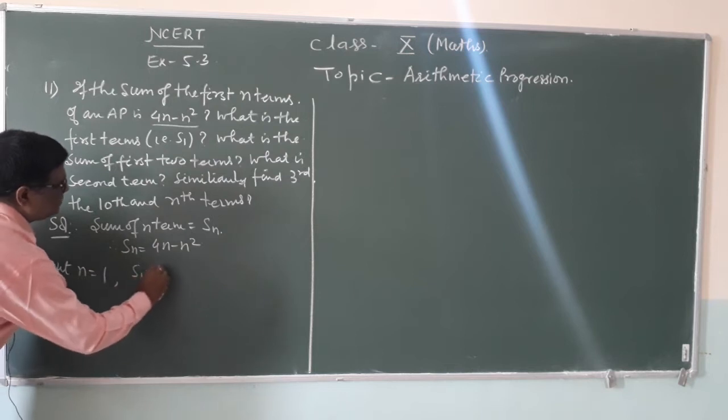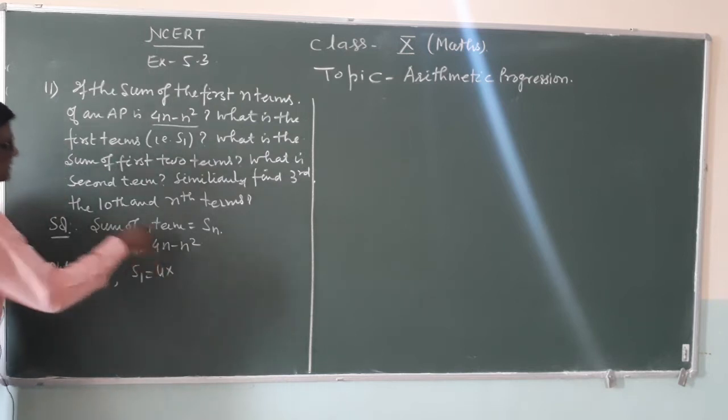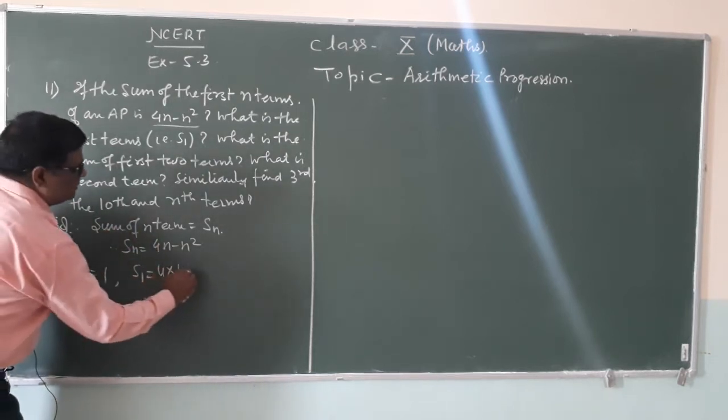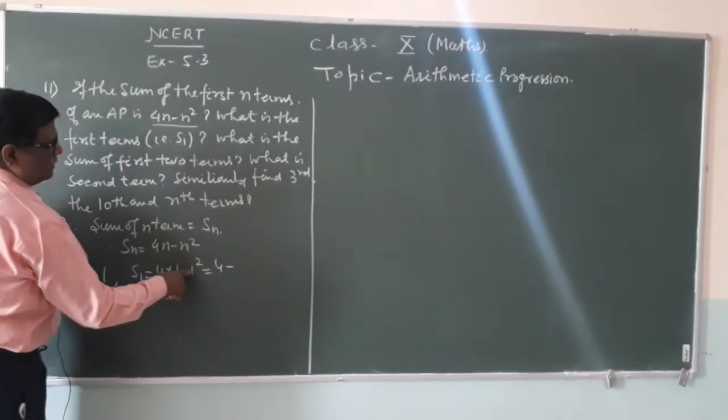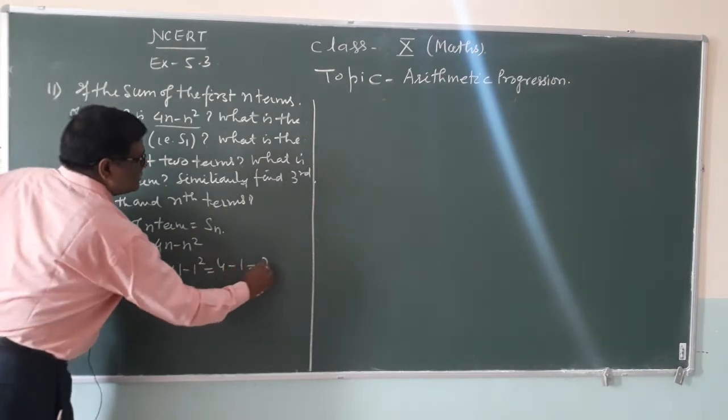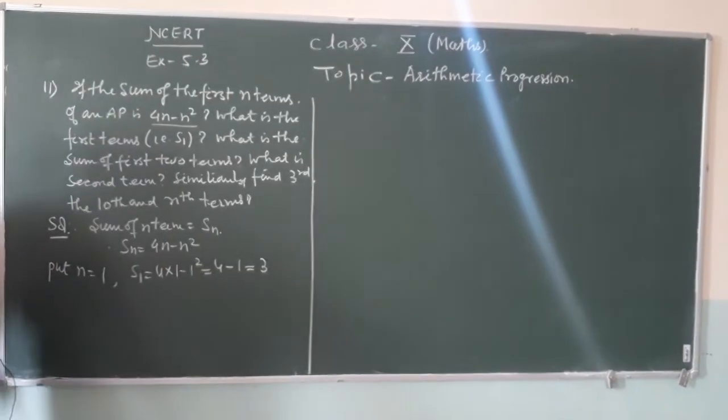This implies that S1 is equal to, in place of n we put 1: 4 into 1 minus 1 square. This is 4 minus 1, which is equal to 3. And now we have to put n is equal to 2.